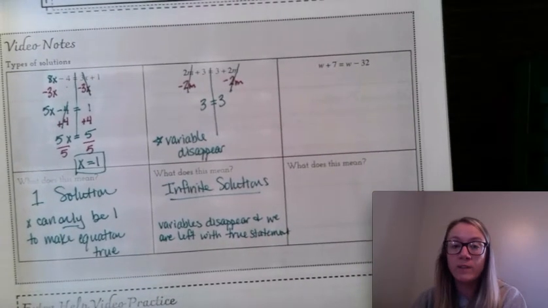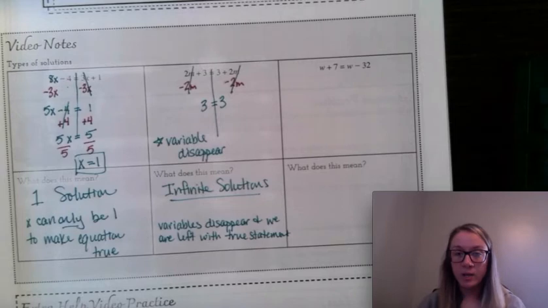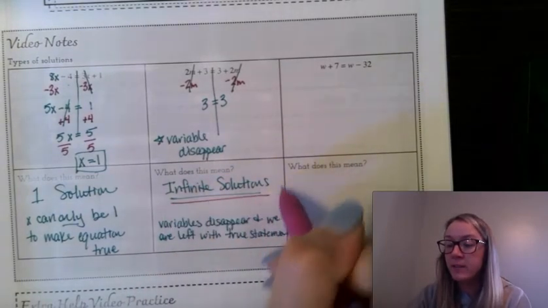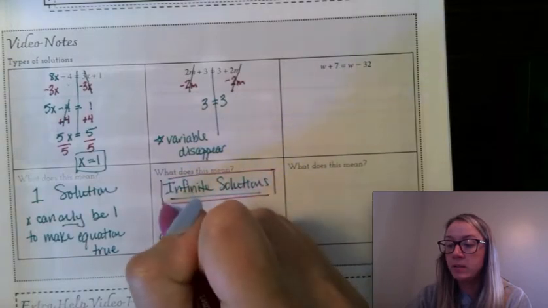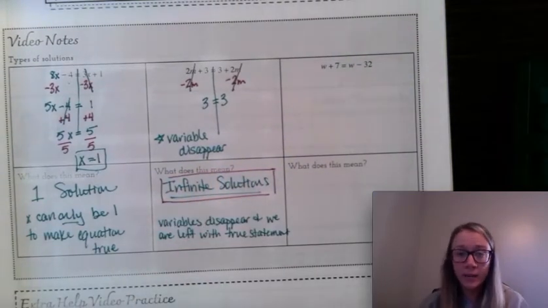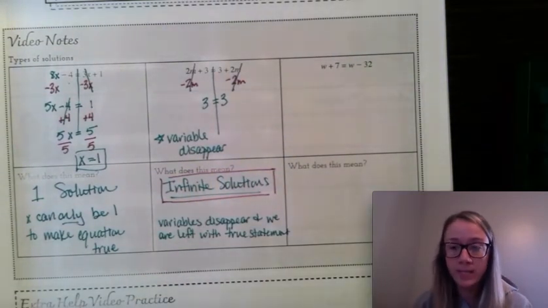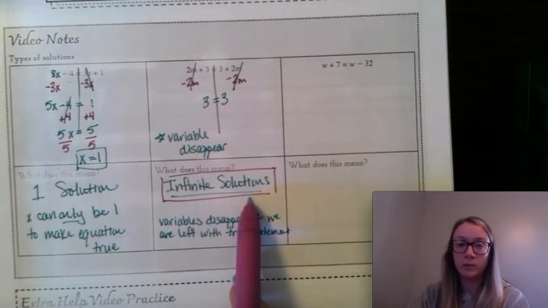If you get a question like this on a test or on homework, you would actually write infinite solutions. That would be your answer. You're not going to write x equals or m equals anything. You would write infinite solutions.